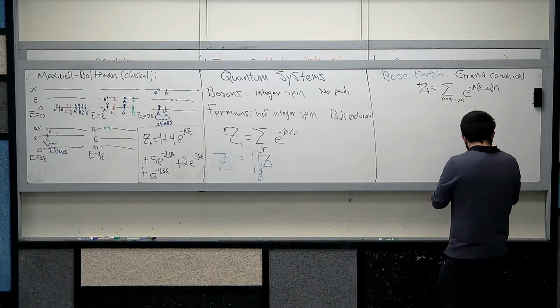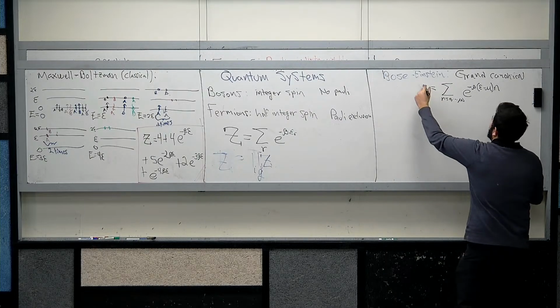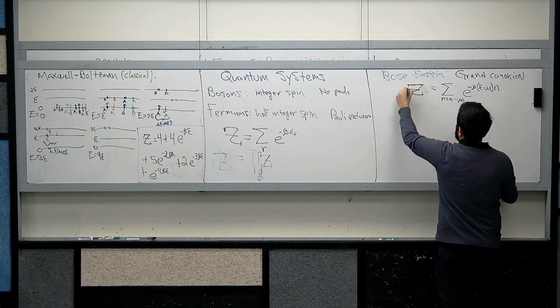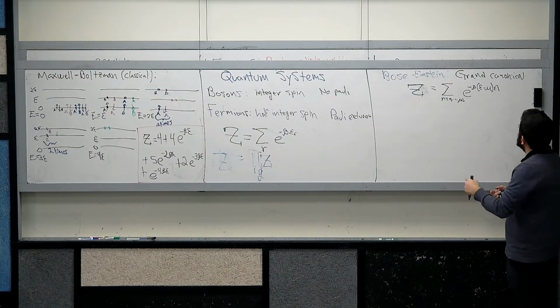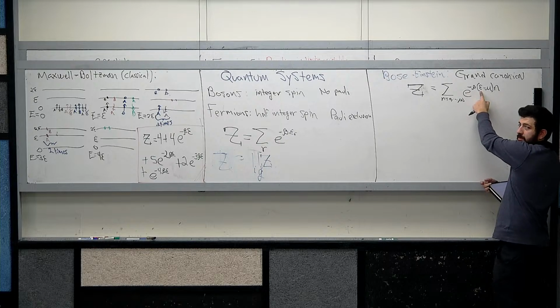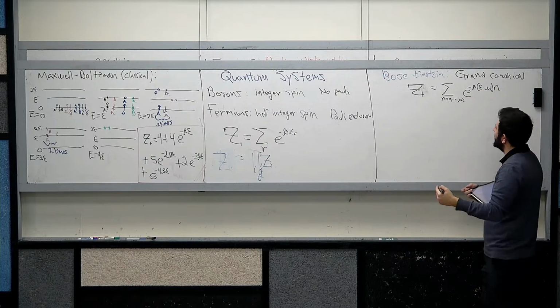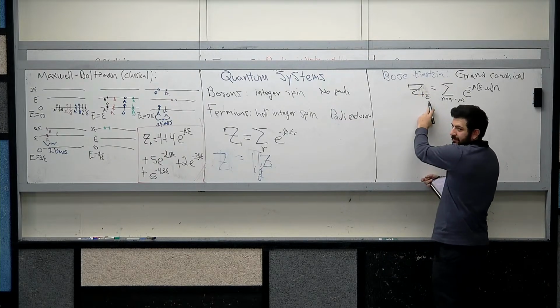If you look at this formula, I just told you that this is the partition function, but that's not actually the case. Why? Because I am just taking for granted what epsilon is, right? So this is the partition function for the energy epsilon.